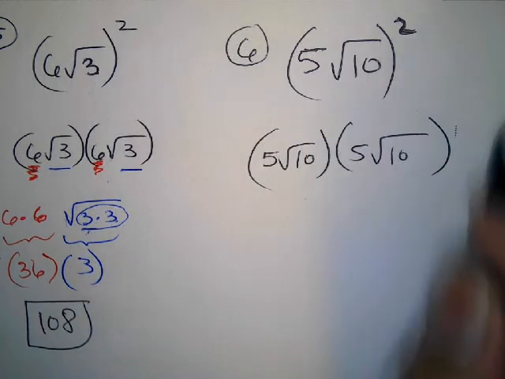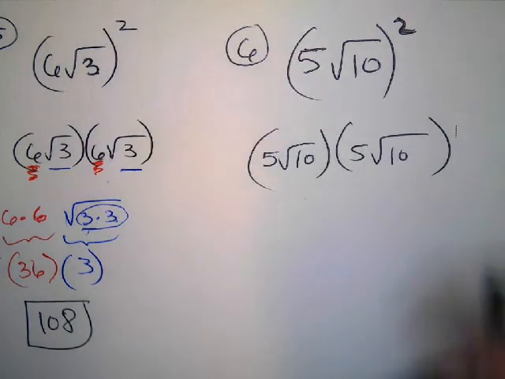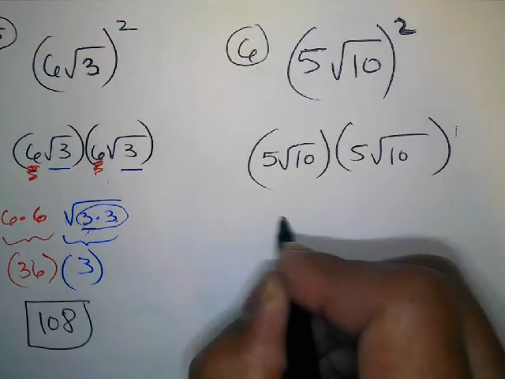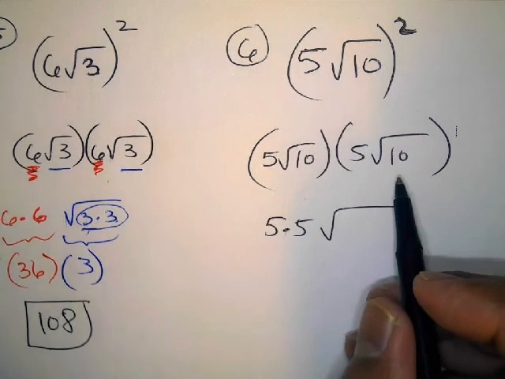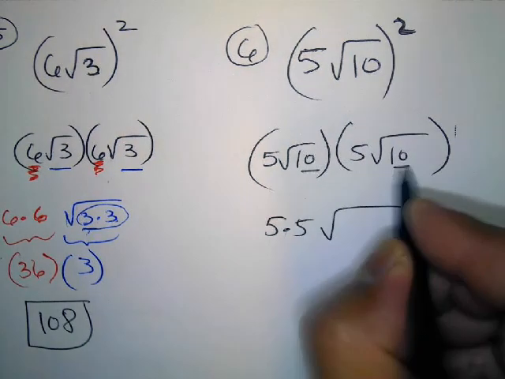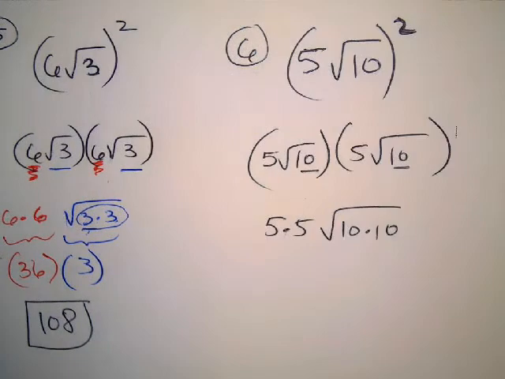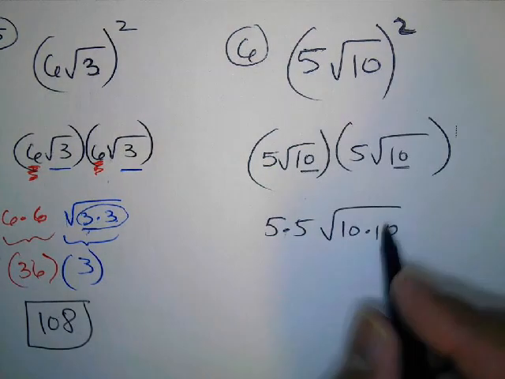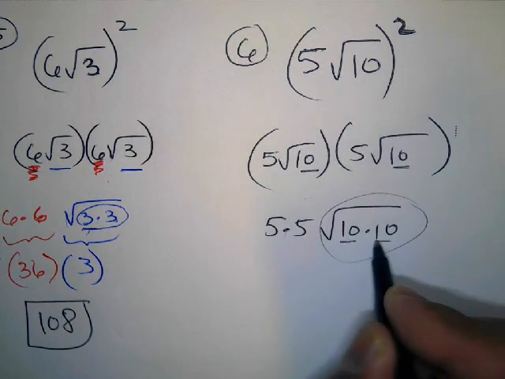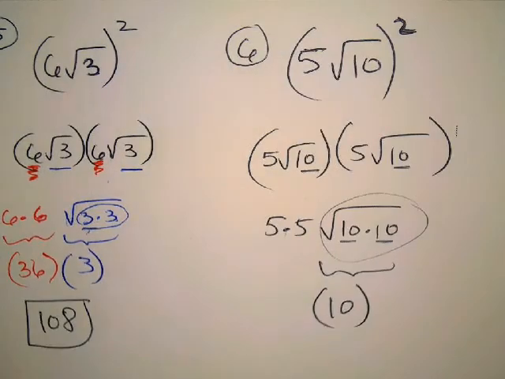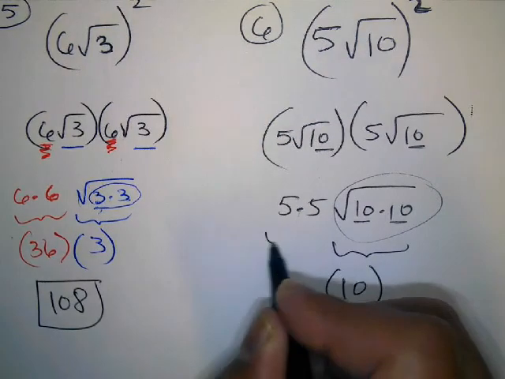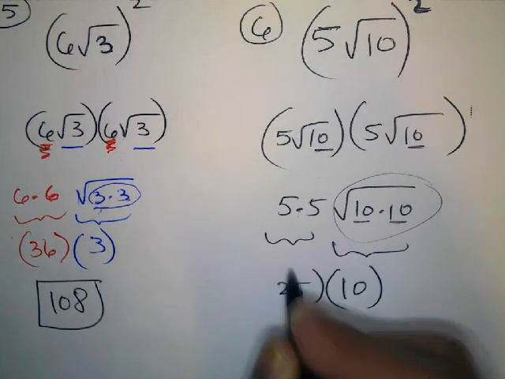Don't try to go from here to like this step. I know later you'll get really sharp with it, but this is where a lot of people make mistakes. How many 5s do I have? I have 2 5s multiplying. And under the square root, I have 2 10s multiplying. And this part's easy. I have the same number twice. It comes out as just the whole number 10.